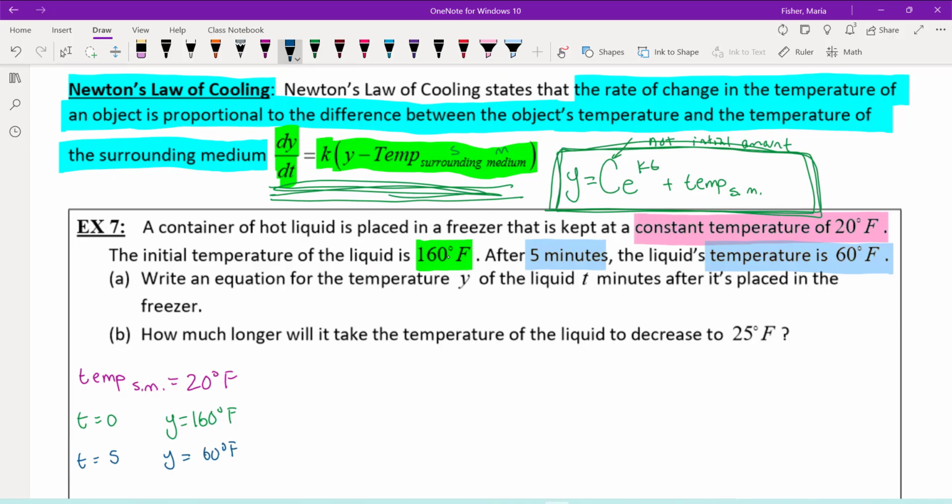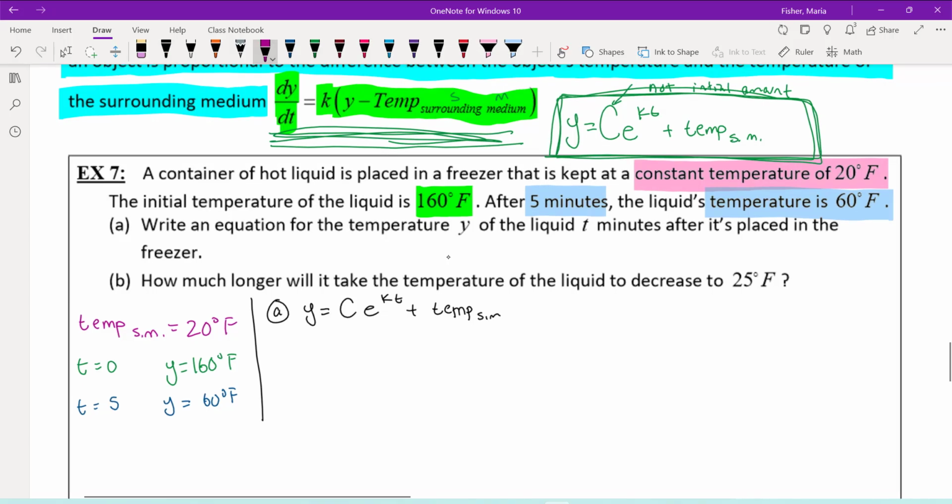That's enough information to do Part A, where we write an equation for this particular hot liquid placed into this freezer. So remember, we're using the formula y equals c e to the kt plus the temperature of the surrounding medium.